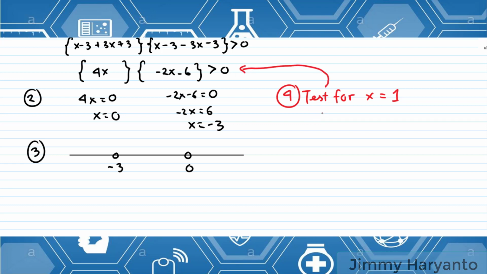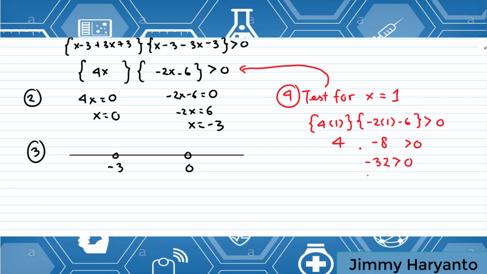Here. So 4x, 4 times 1, times negative 2x minus 6 greater than 0. 4 times negative 8 greater than 0. Negative 32 greater than 0. Is it correct or not? No, it's wrong.